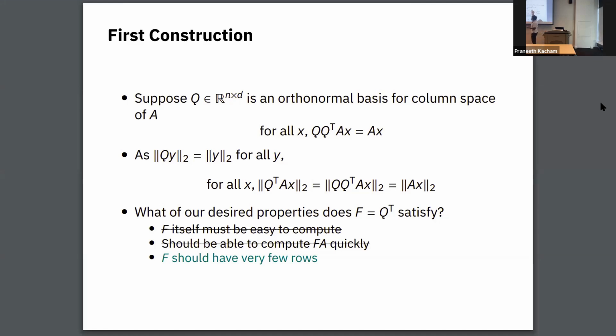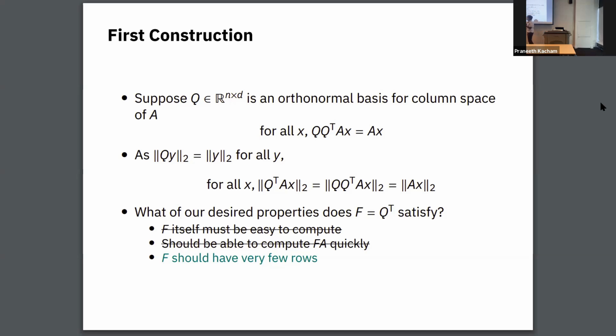And Ax is an arbitrary vector in the column space of A. Then QQ transpose Ax is exactly equal to Ax, right? Q transpose Ax is just the coefficients of the vector Ax in Q's basis, and you are again multiplying Q with Q transpose Ax, which just gives out the same vector. So for any x, QQ transpose Ax is exactly equal to Ax.